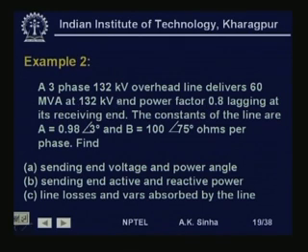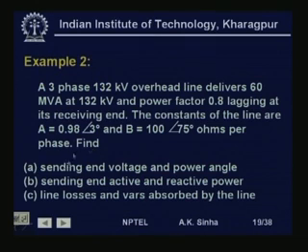That is, VR or V2 is given as 132 kV and the SR, the MVA value, is given as 60 MVA at 0.8 power factor lagging. The constants of the line are given as A is equal to 0.98 with an angle 3 degrees and B is equal to 100 with an angle 75 degrees ohms per phase.